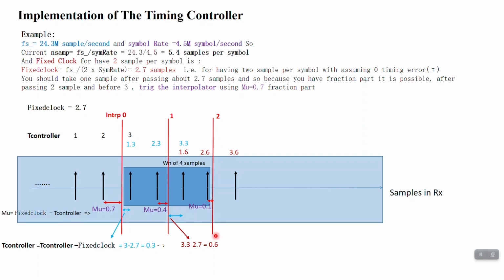So here the new T controller is equal to the current T controller, subtracted by this value of error. So here you update the T controller, and also you can calculate.